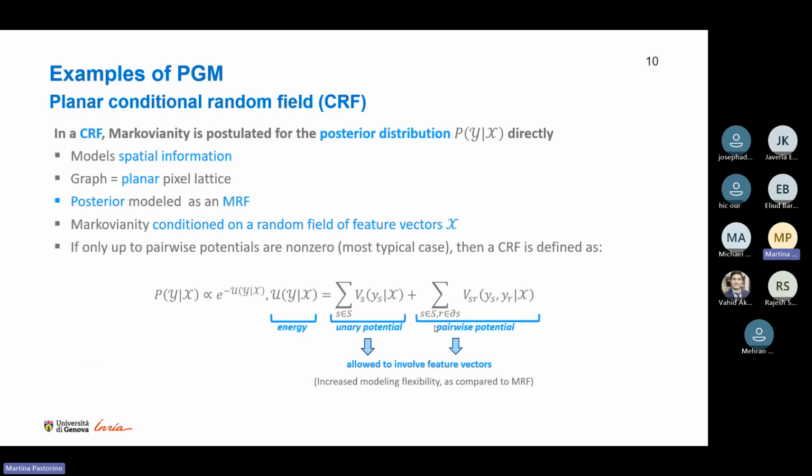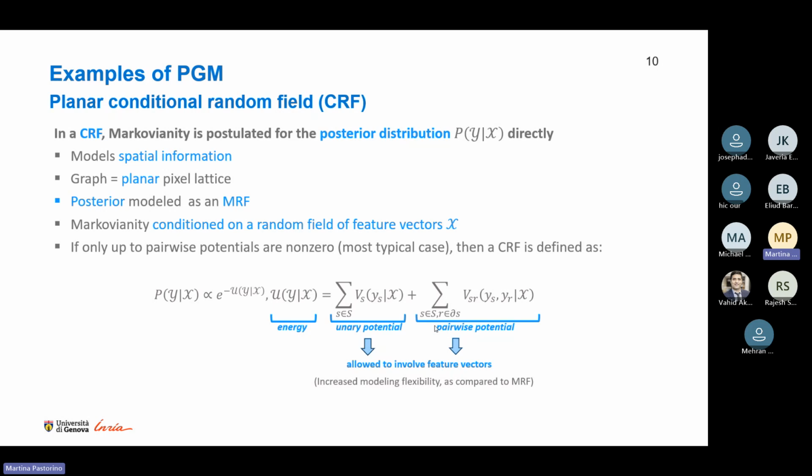Finally, the last model I am going to introduce in this broad presentation of PGMs for remote sensing are planar conditional random fields. So basically, again, the graph is a planar pixel lattice. We model spatial information. And the only difference between the CRF and an MRF is that we are extending Markov random fields by allowing to incorporate feature vectors, thus providing more flexibility.